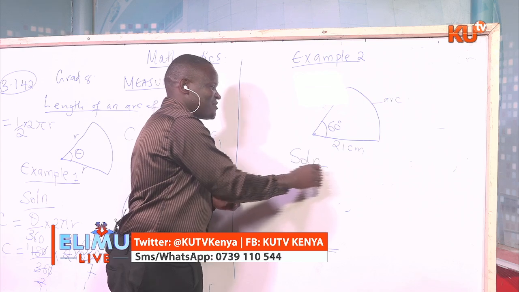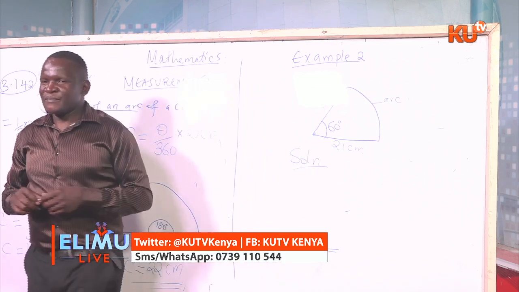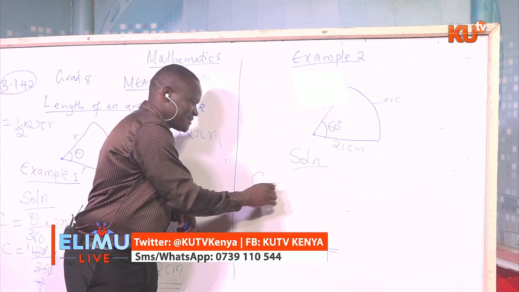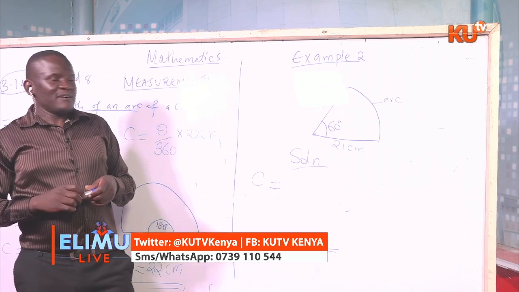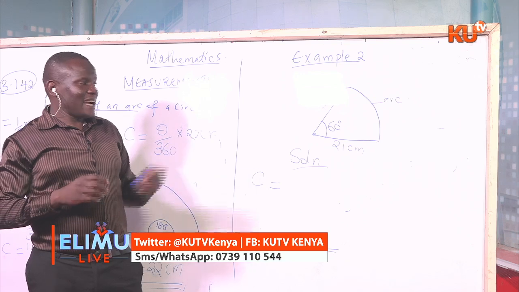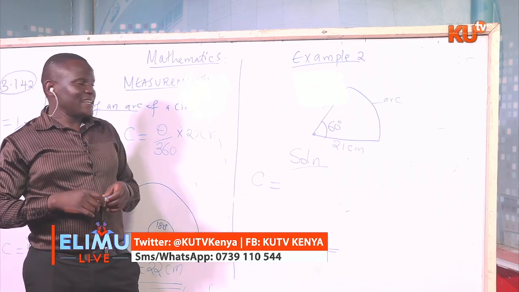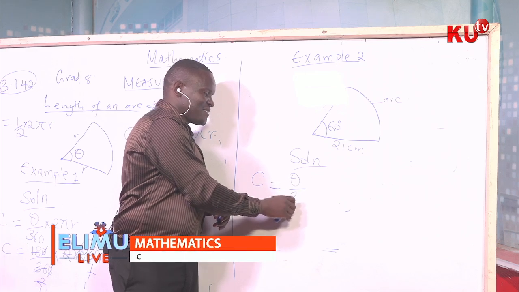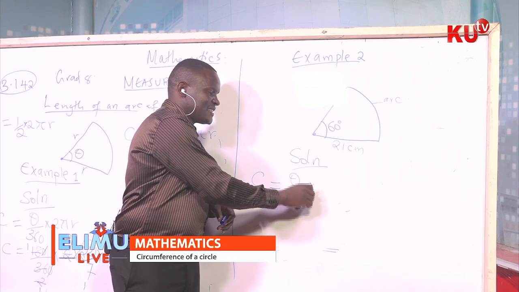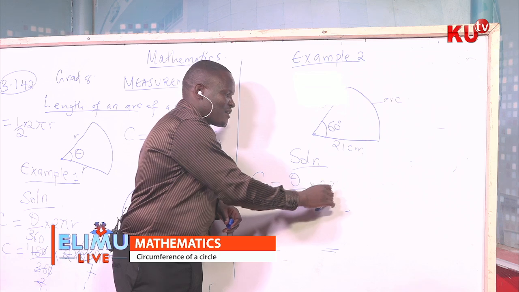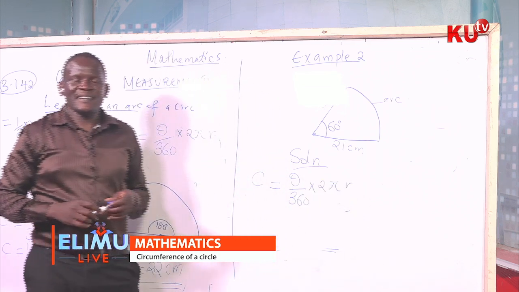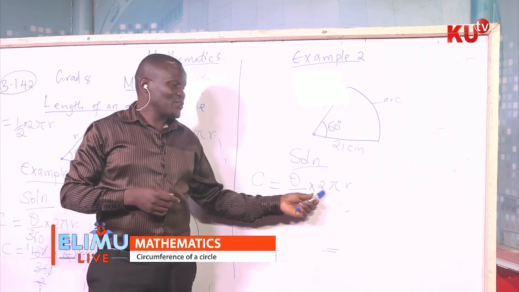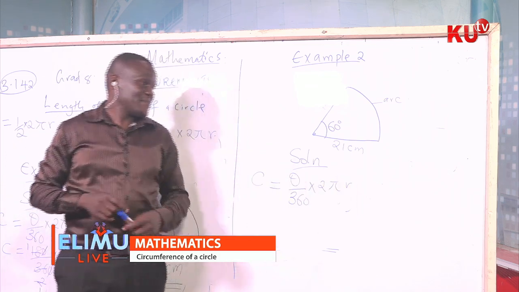Solution. How do we work out this? The formula for the circumference of an arc, we said earlier, is given by theta over 360 times 2 pi r.